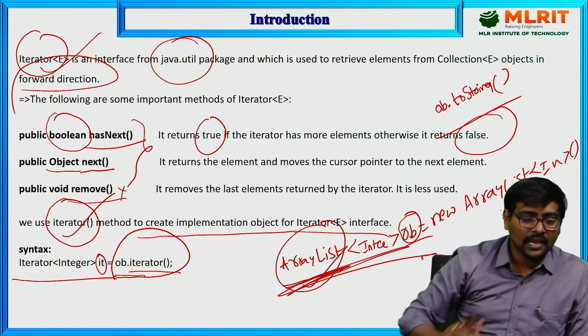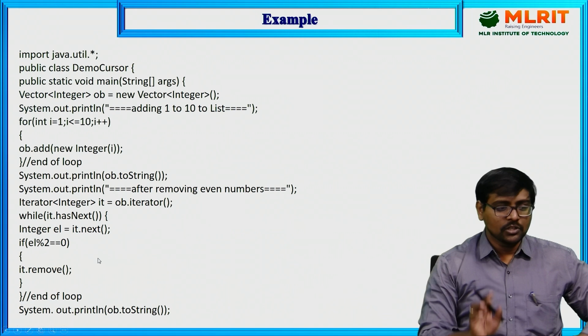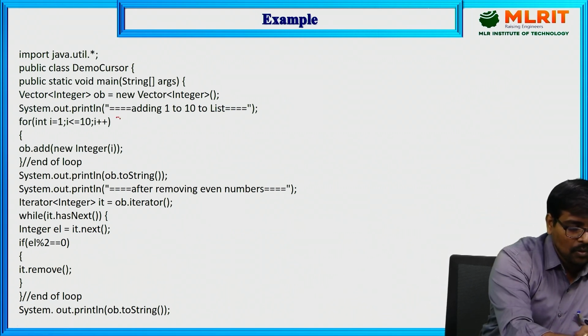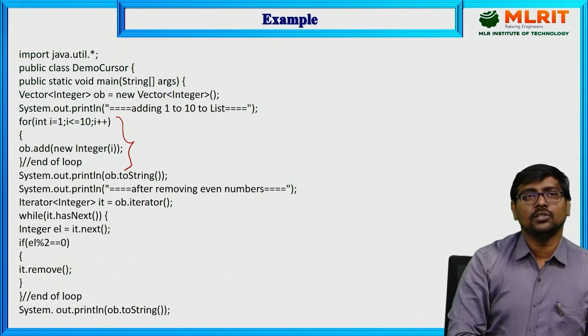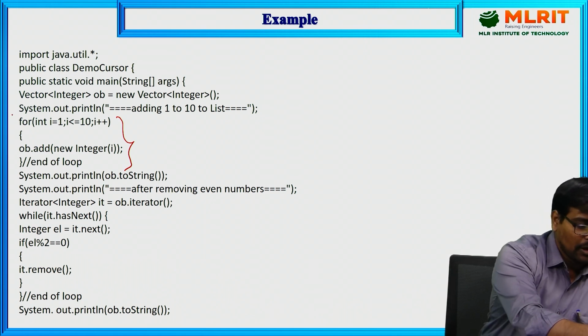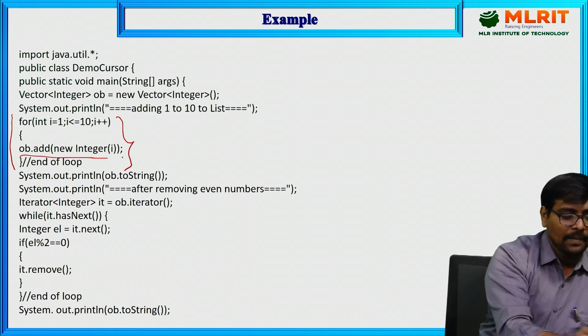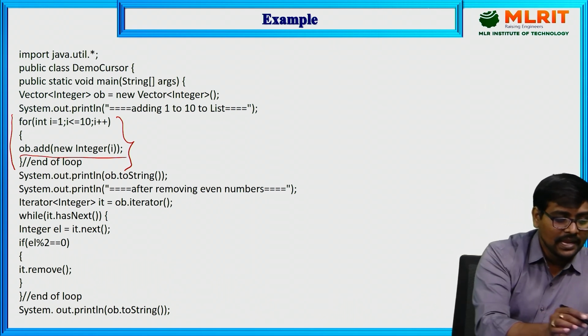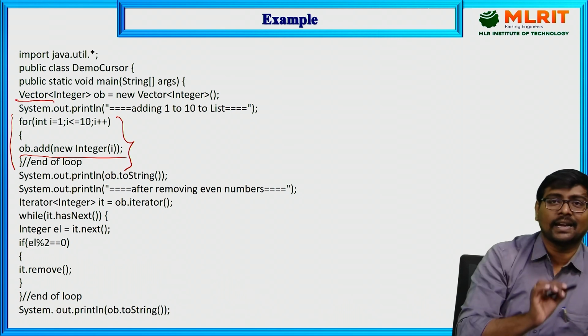Now, I will explain with two examples. The first one is a very basic example. Here, in my example, I use int i equals 1, i less than or equal to 10, i plus plus. One for loop is created and I am adding the elements. Here my class name is Vector.